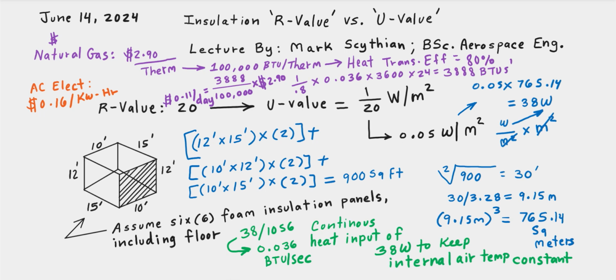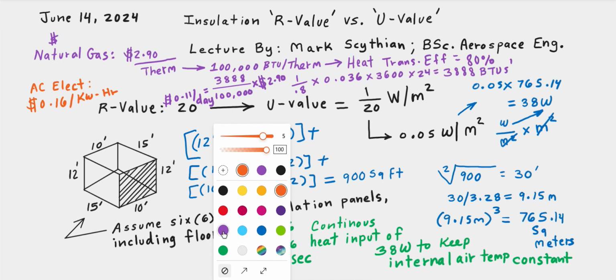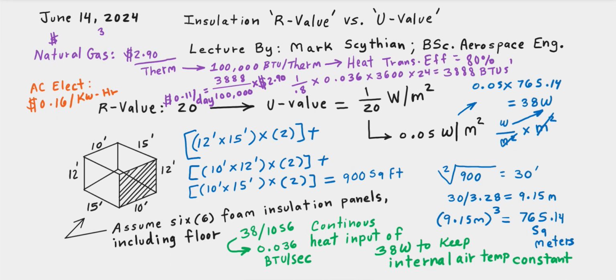So before we move on to the electric, we can calculate, let's say, a 3,000 square foot house divided by 150. Then times 11 cents. So we're assuming these panels are sealed and well insulated.